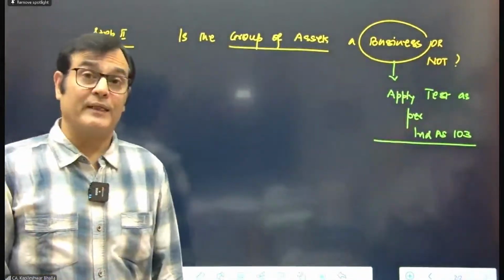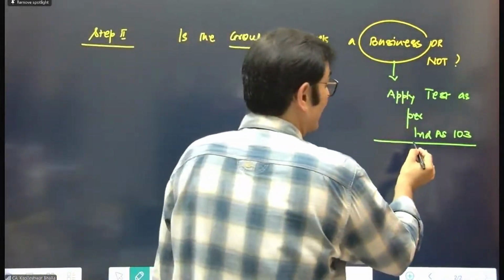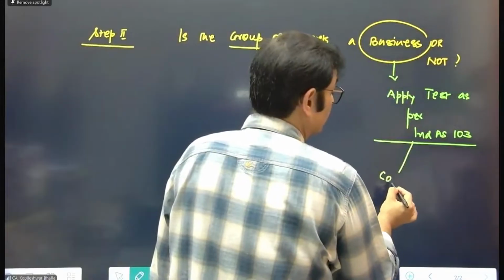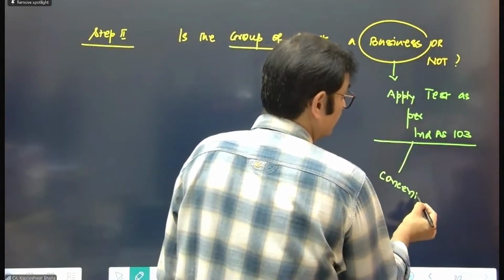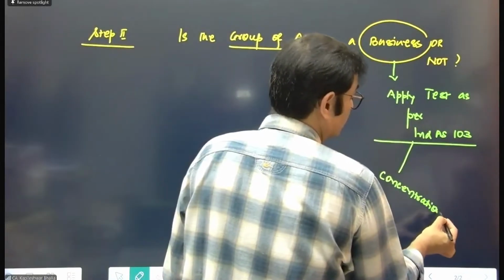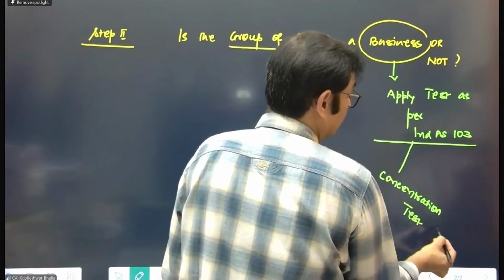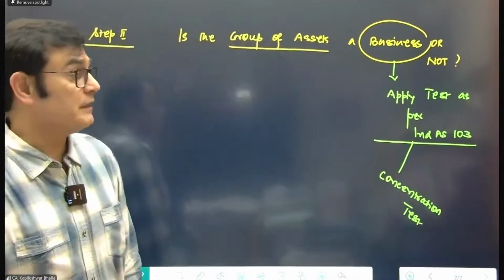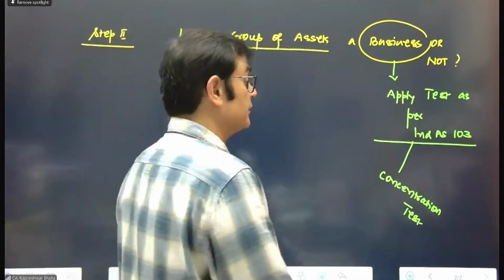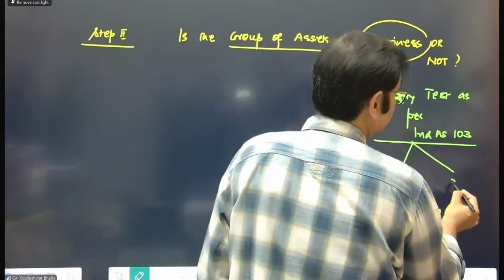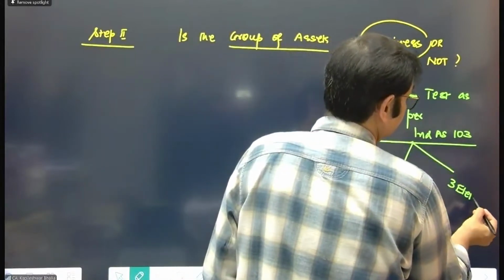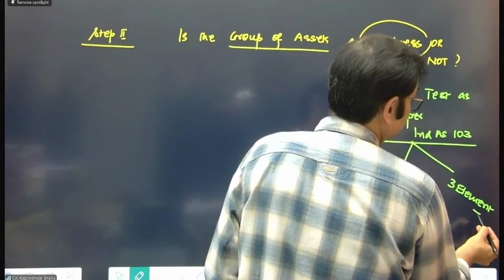And just to put it at the right place, we can say that one is called the concentration test. We'll do a quick revision on that because it can be very interesting inputs in the MCQs at least. And then there is a 3-element test, which I call an IPO test.